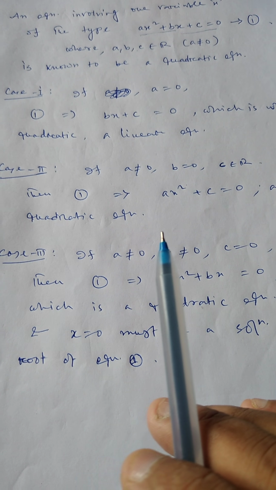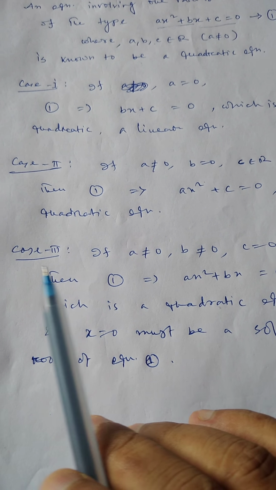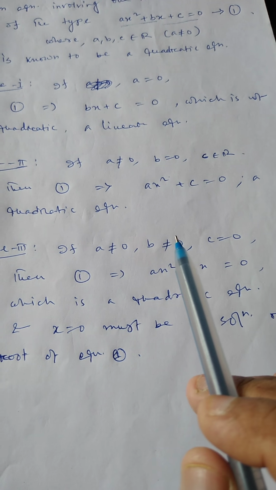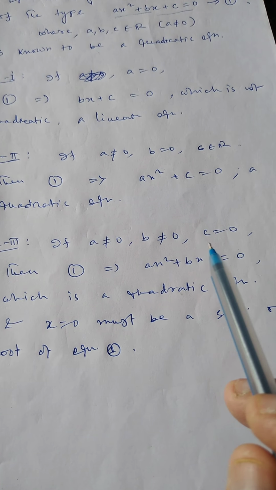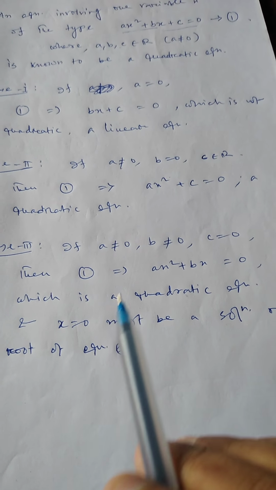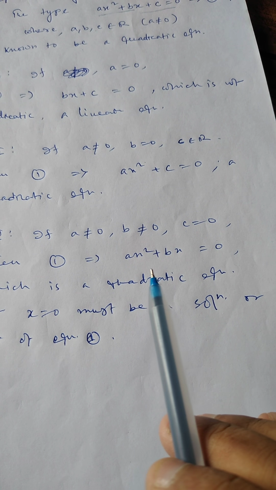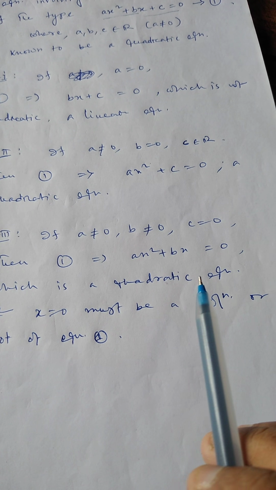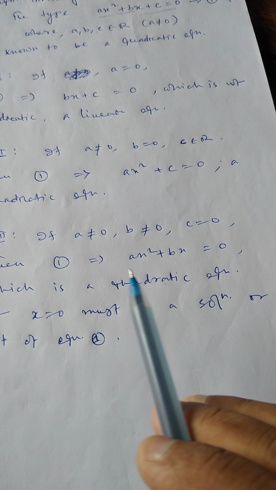Now case 3, if a non-zero and b non-zero but the constant term c is 0, then equation 1 reduces to ax square plus bx equal to 0, and this is again a quadratic equation because the highest power of x is 2.